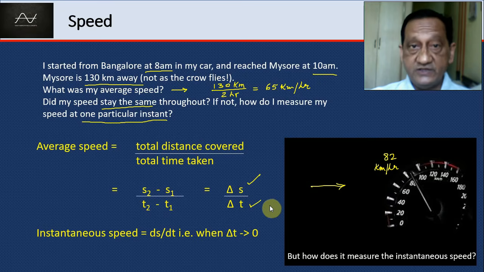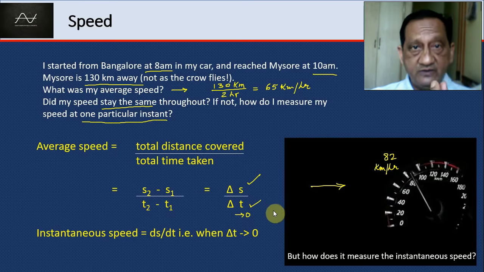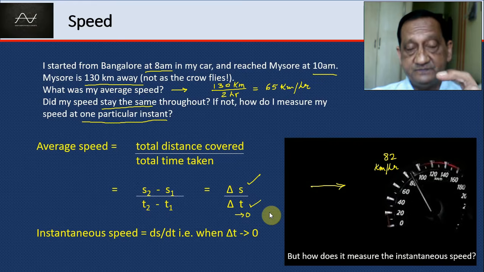And instantaneous speed means I talk of one particular instant. That means the time interval is shrinking and I make it very, very, very small. So when this delta t tends to zero, I'm taking a very small time interval. In that very small time interval, the distance that I covered, I divide the two, then I get my instantaneous speed.